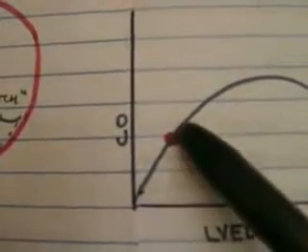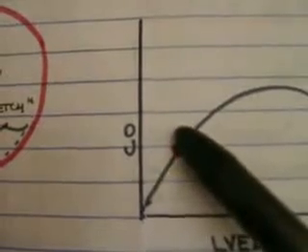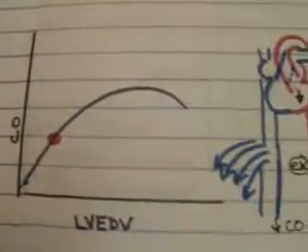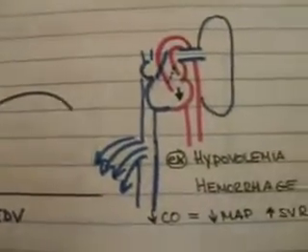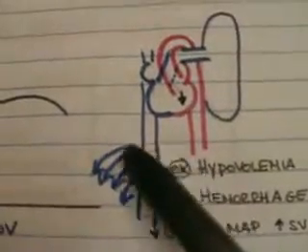This patient, because they're under-resuscitated as far as intravascular volume, is going to have a decreased cardiac output. A clinical example is a trauma patient who's having massive hemorrhage and bleeding a lot.